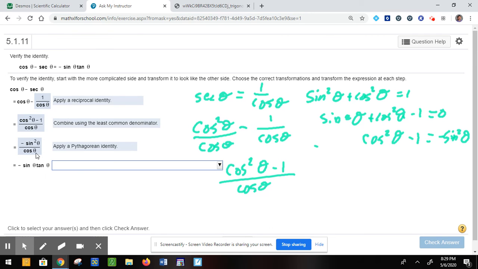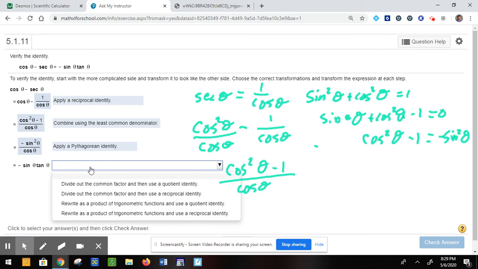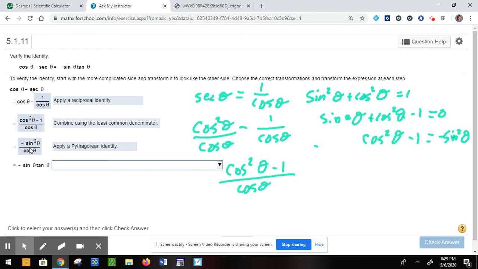Essentially, this next step is already telling you that negative sine squared theta over cosine theta equals the negative sine theta tangent theta on the right side. So we've effectively turned the left side into the right side, thus proving it to be true. The only thing you need to answer now is, what's the reason that allowed you to go from what we had, negative sine squared theta over cosine theta, to negative sine theta tangent theta?